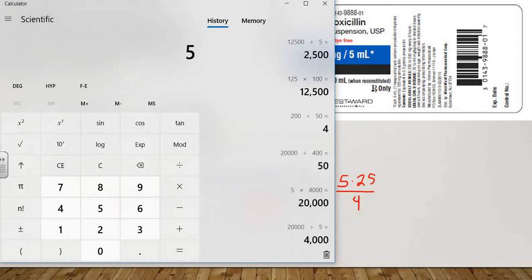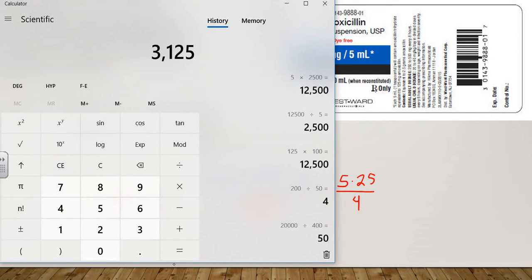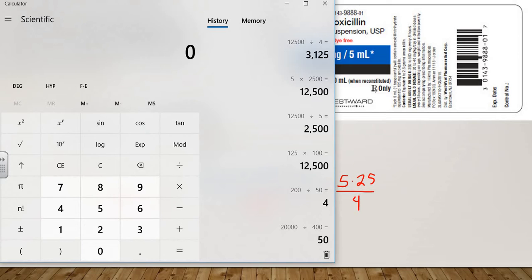So 5 times 2,500 equals, divided by 4, I get 3125. Excuse me, I just made the same mistake as I did last night. It's not divided by 4, it's divided by 400. That's why you have to be really careful when you use a calculator.